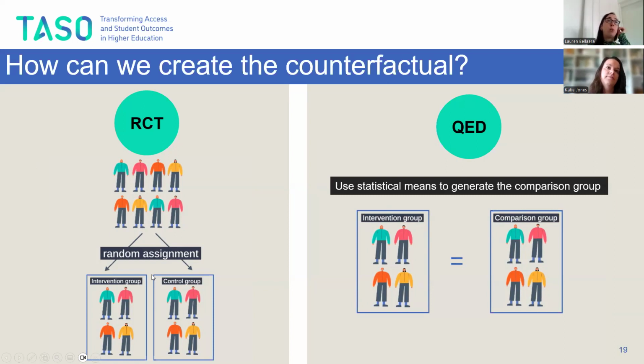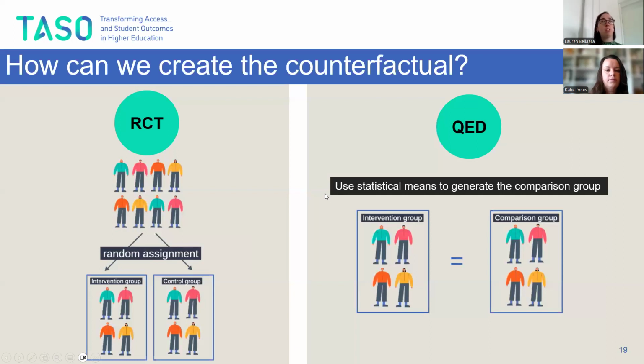We will talk about in the third webinar, which is focused on RCTs, the different ways you can do randomization. You can do randomization on an individual level, and you can do randomization on a group level. We will talk through the different advantages and disadvantages of those different random allocation techniques.